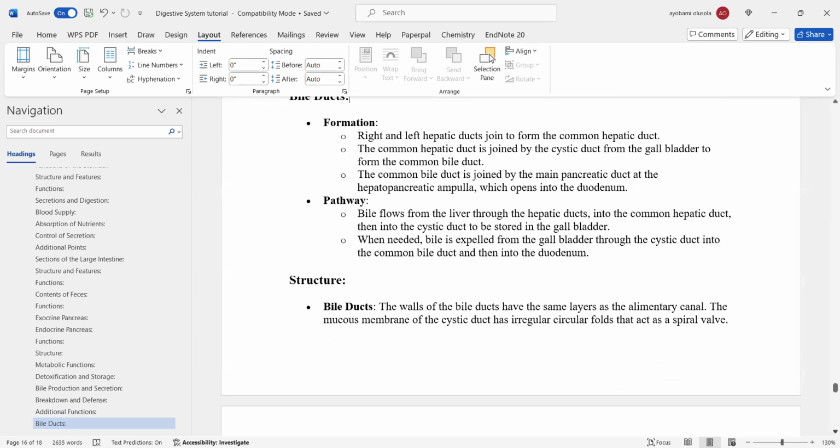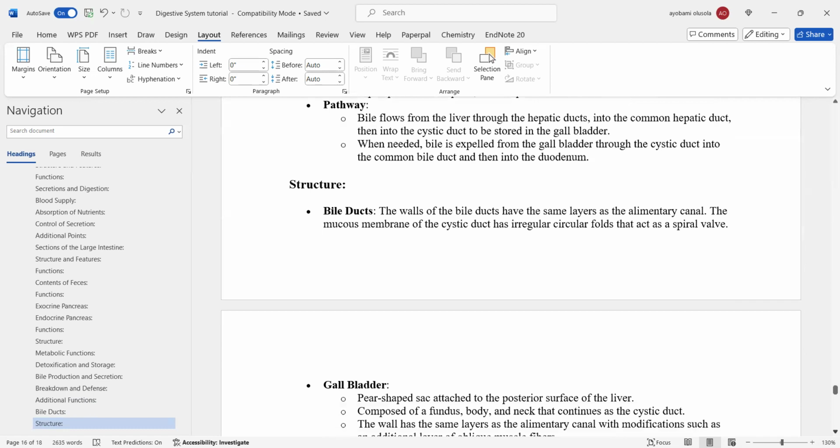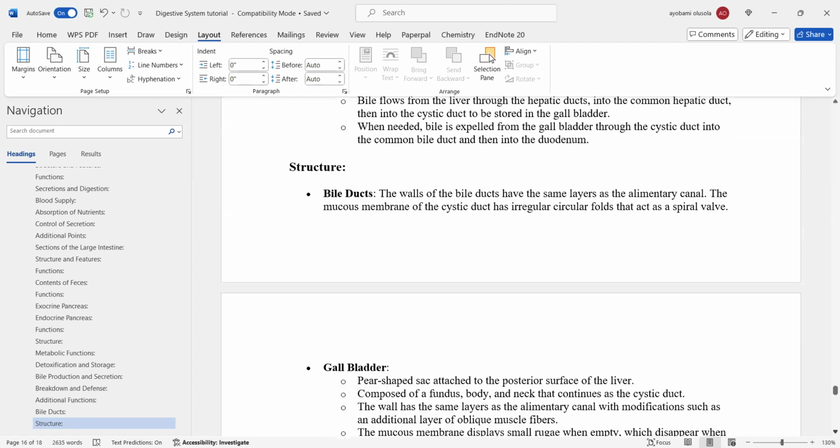Bile flows from the liver through the hepatic duct into the common hepatic duct, then into the cystic duct to be stored in the gallbladder. When needed, bile is expelled from the gallbladder through the cystic duct into the common bile duct and into the duodenum. So that's the path through which bile moves.